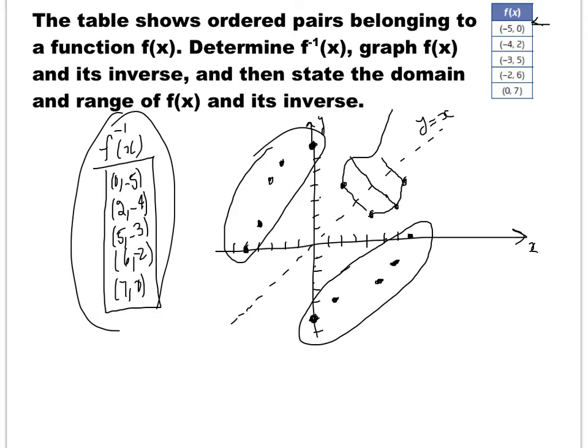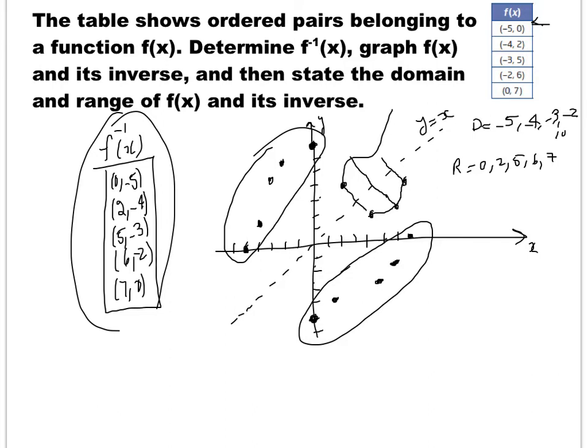Now we have to find the domain and the range of f of x. You can see that the domain of f of x is negative 5, negative 4, negative 3, negative 2, and 0. And the range is 0, 2, 5, 6, and 7. Now for the inverse function, the domain and range switch.